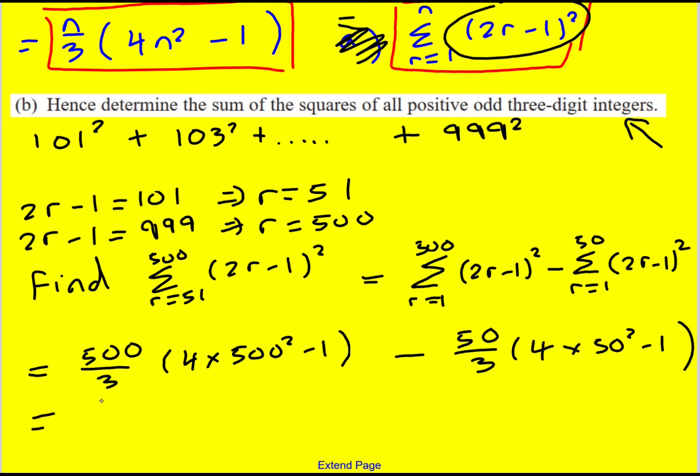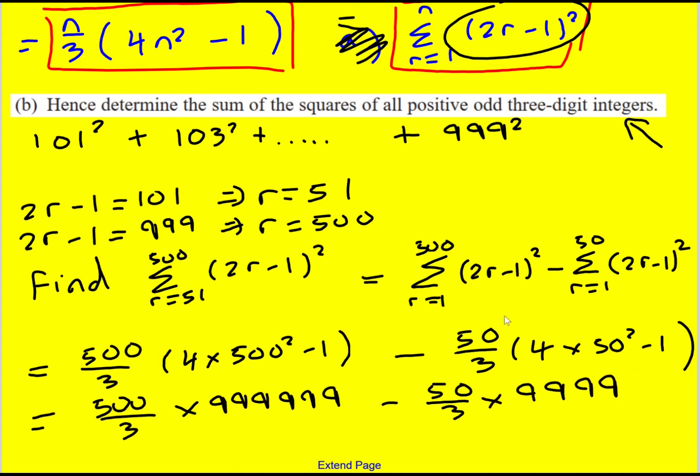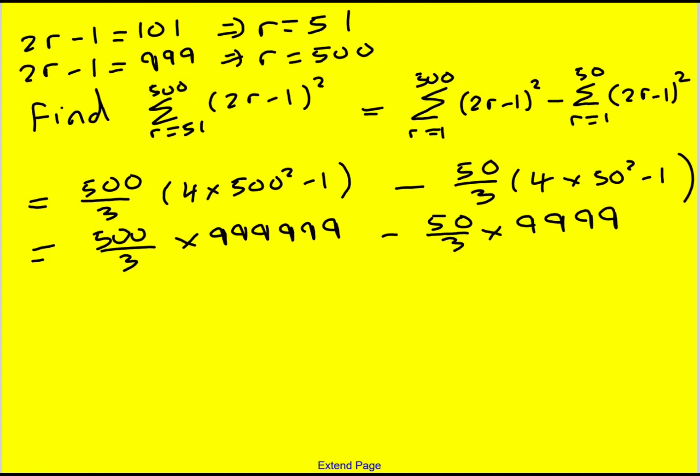We get, when I did it, I worked out this term here. So 999,999 minus 50 over 3 times 9999. Then that becomes 1666, 500 minus 166,500.